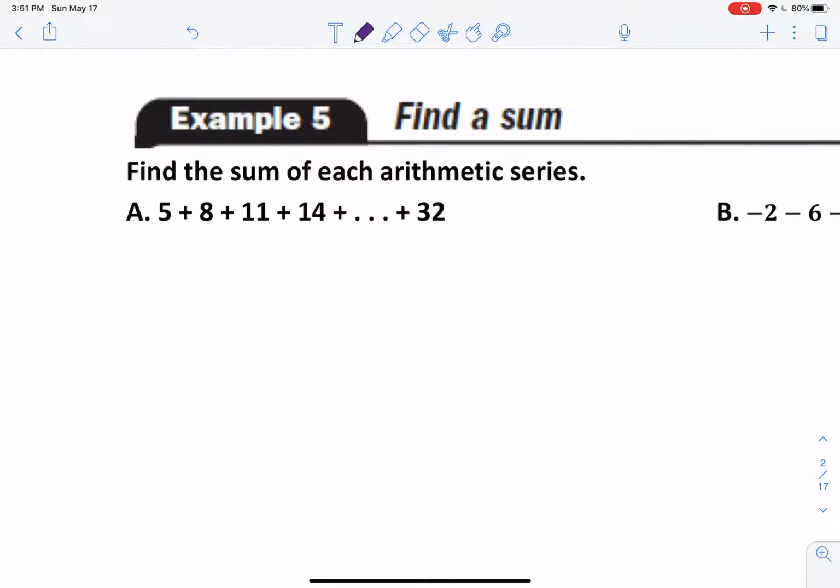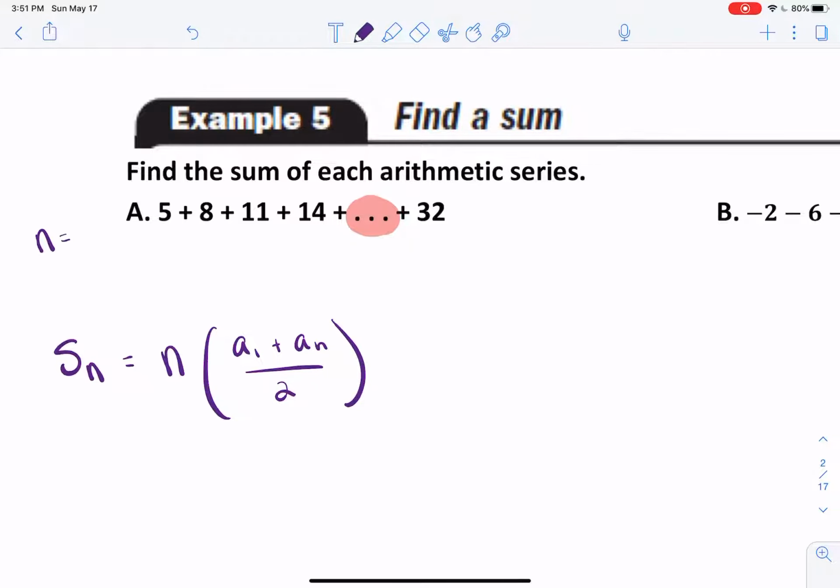But for now, what works is just figuring out what we are missing. To use that formula, we need an n, which is how many terms there are.